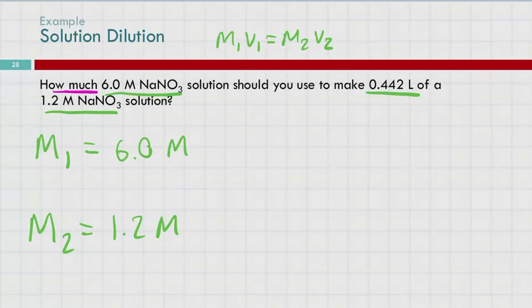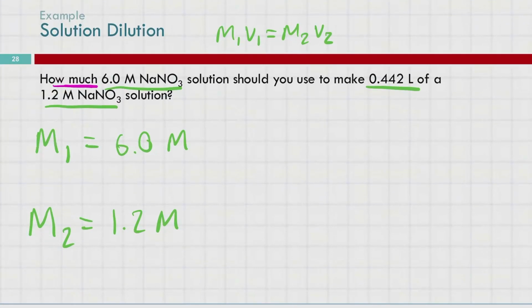We have a volume. Our volume is 0.442 liters. Is that volume going to be paired with 6 molar or 1.2 molar? It goes with the 1.2 molar.